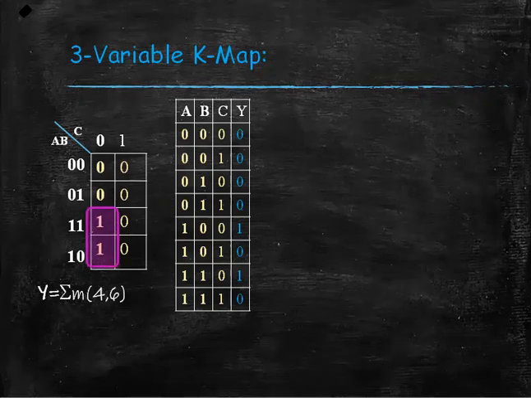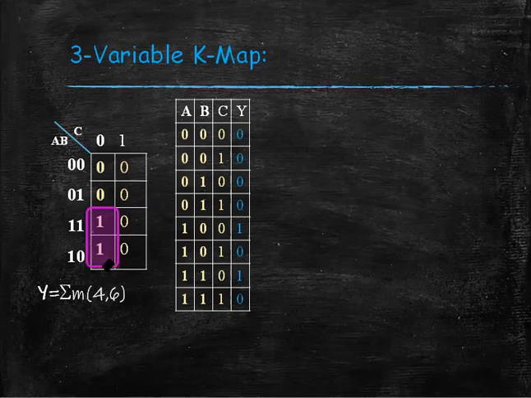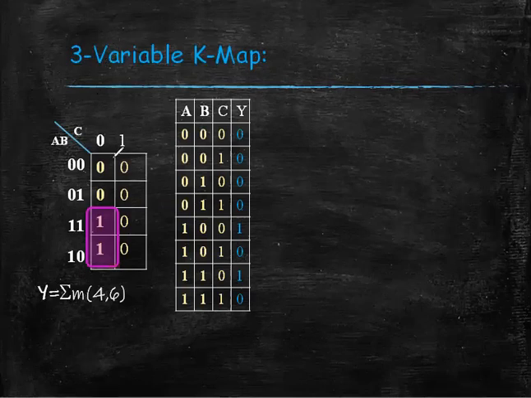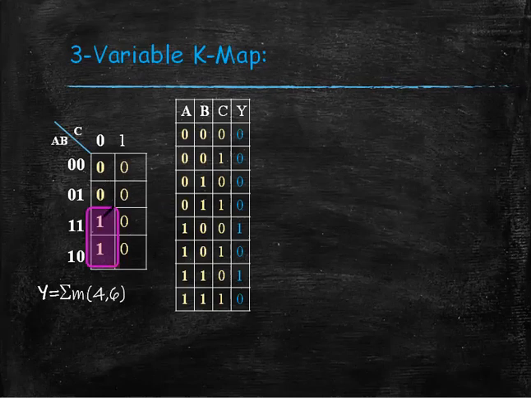Looking at this pair carefully, which variable remains constant? C bar. When we move downward, C bar is not changing.